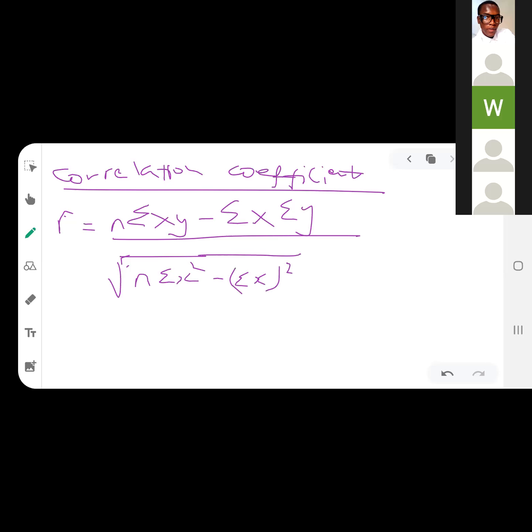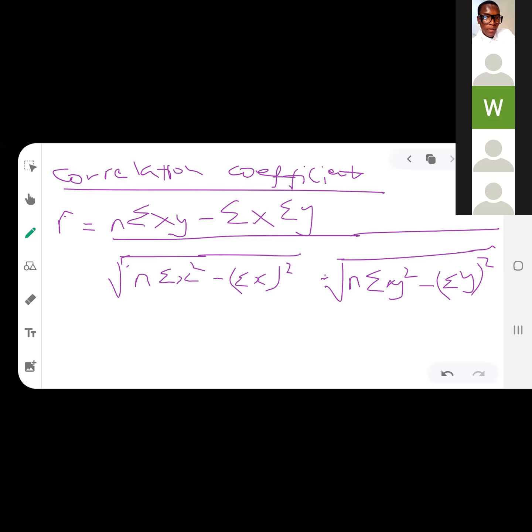Make sure you are writing this formula down. And then multiplied by the square root of n, the sum of y squared minus the sum of y in bracket all squared. So this is the formula for calculating the correlation coefficient.